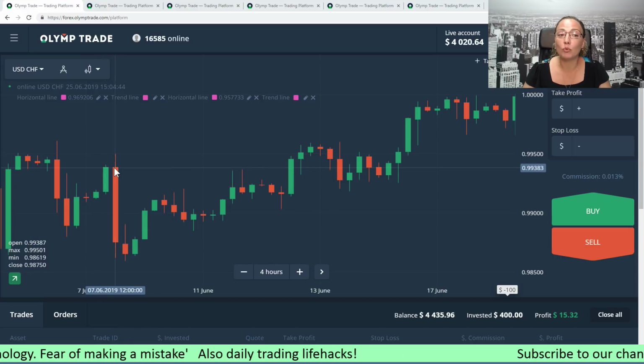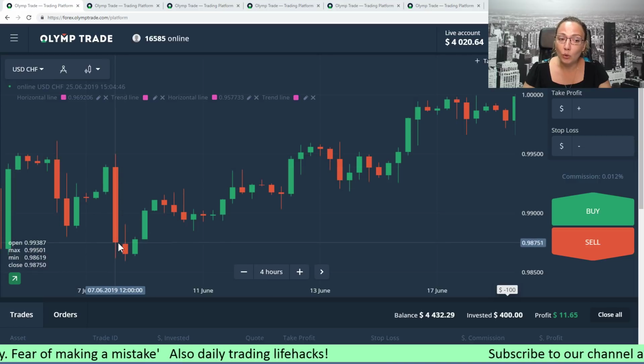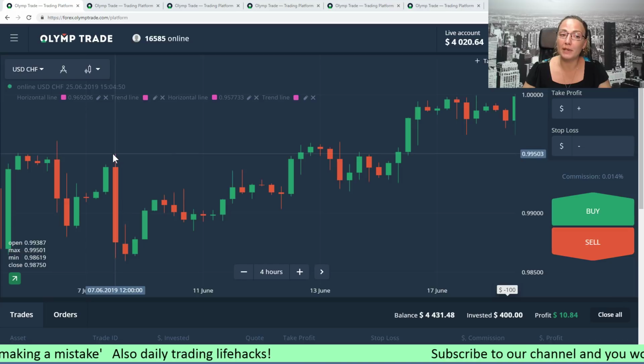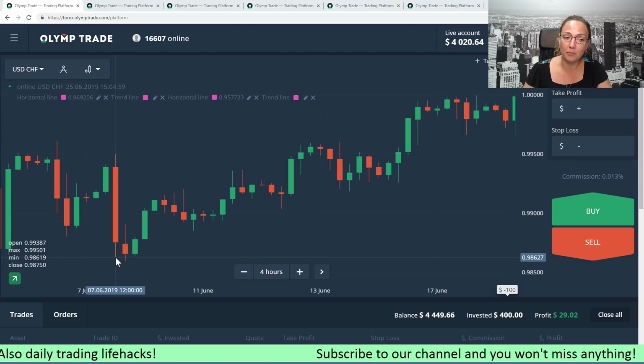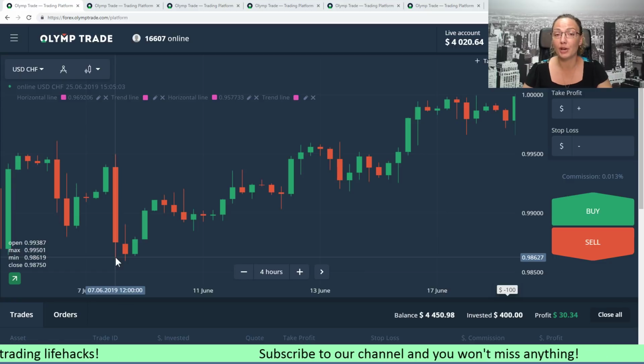The candle is moving down. This is the closing price. The top of the shadow means the maximum the price reached within those 4 hours, and the bottom of the shadow means the lowest low that the price reached during that time period.